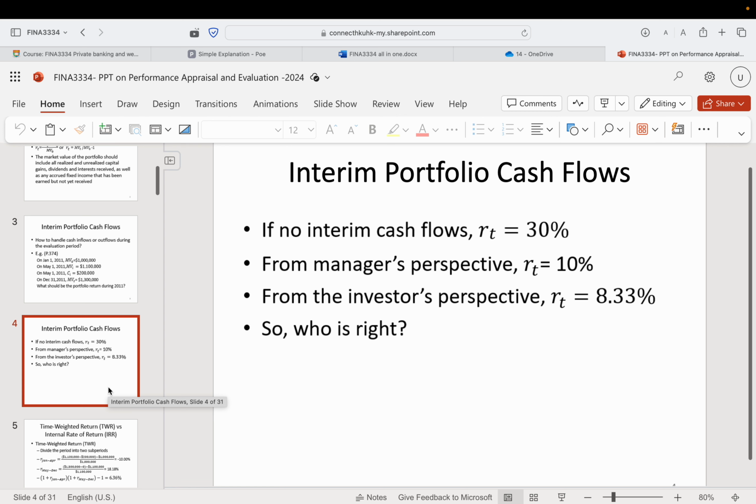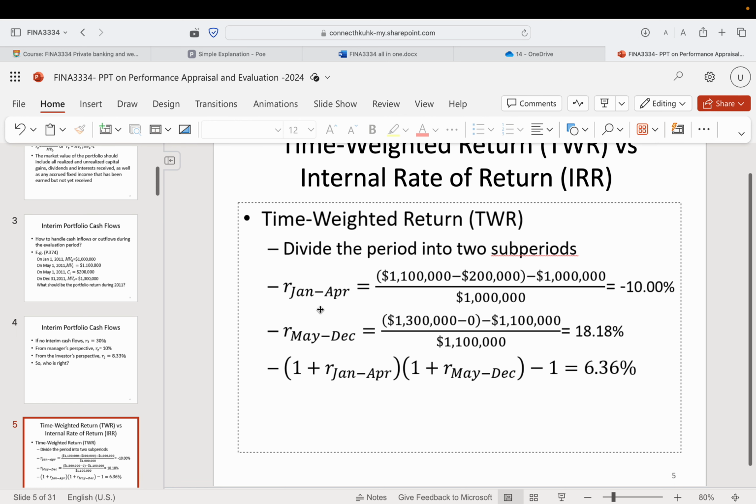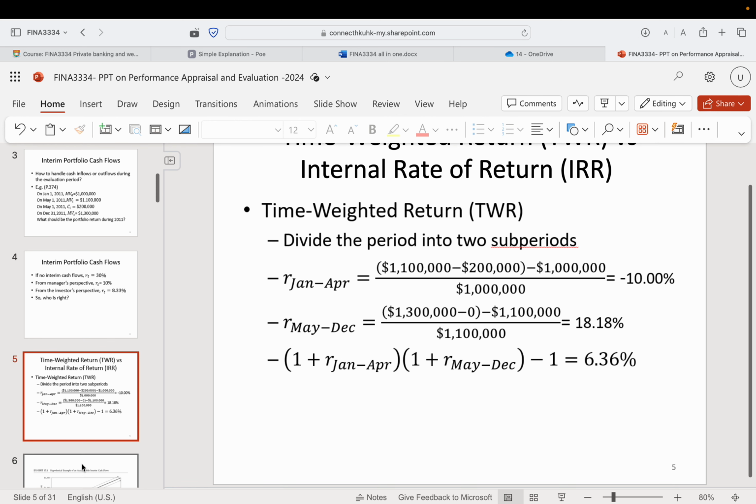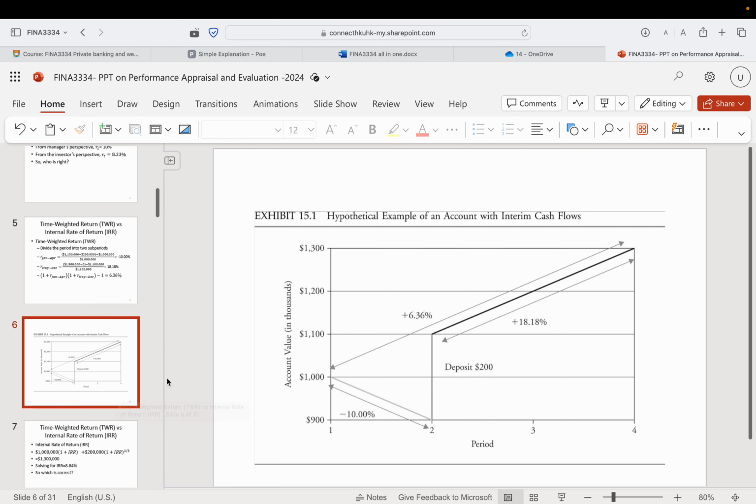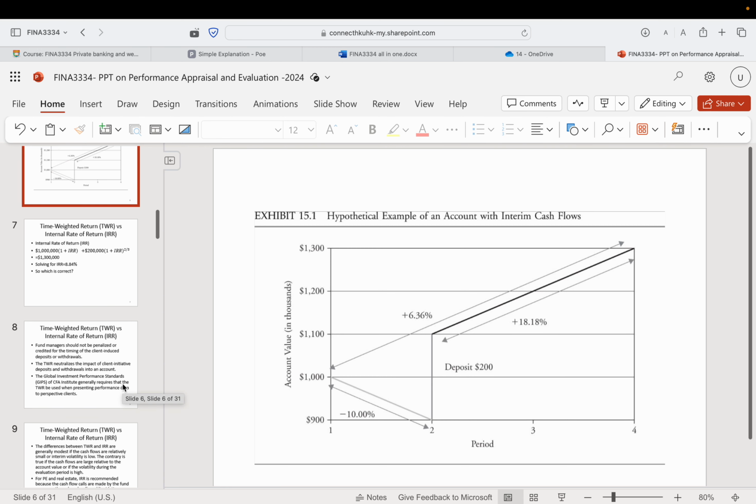So it can be shown by this chart. On day one, it actually drops here, and then you give another 200,000, and you move it back. So it looks like it goes from here to here, if there's no cash inflow.